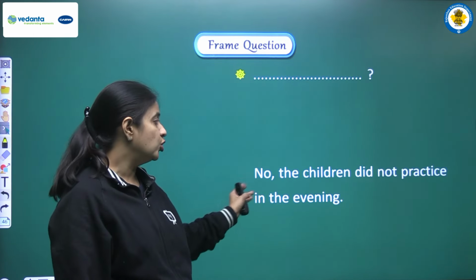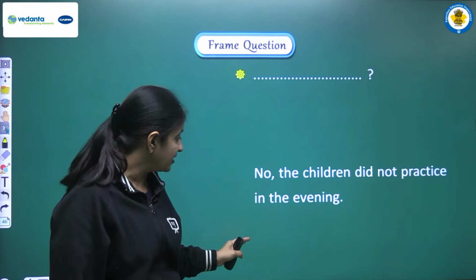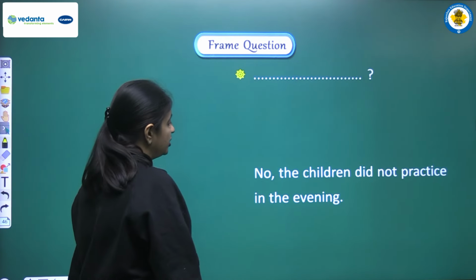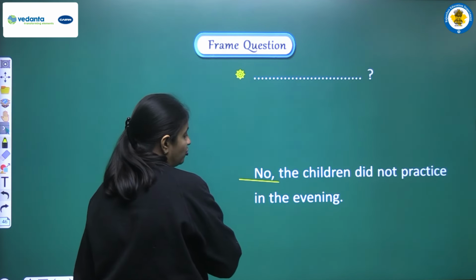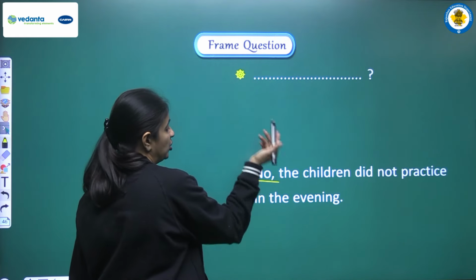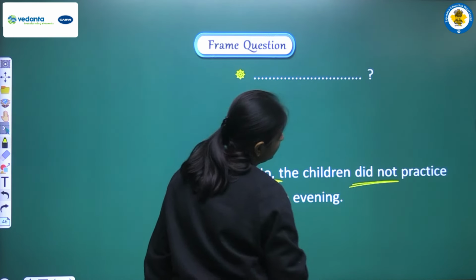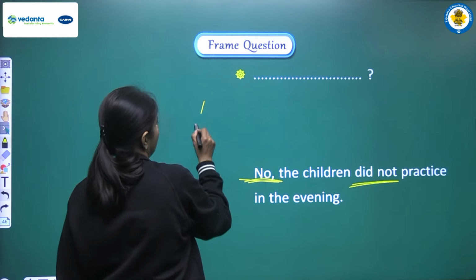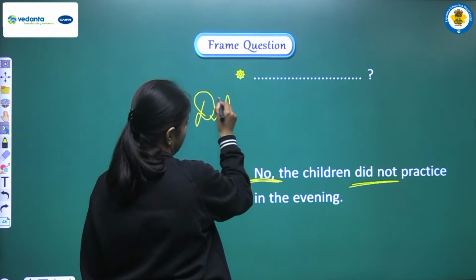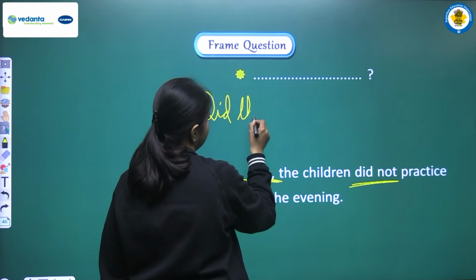Next we have no, the children did not practice in the evening. So in this question again we have to use the auxiliary verb because we have no in the beginning, but this is a negative sentence, so we have did in this sentence. So we have to use did.